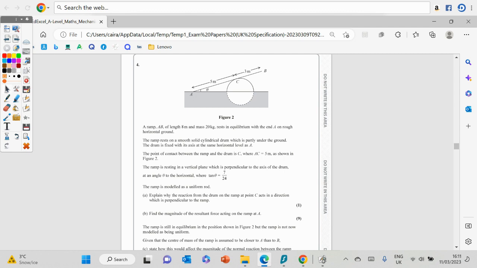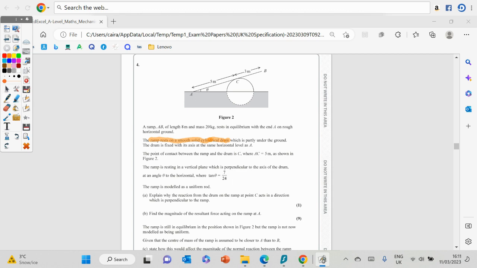And quite simply, I will highlight the bit that you actually want in this. In the second line, it says the ramp rests on a smooth, solid cylindrical drum.